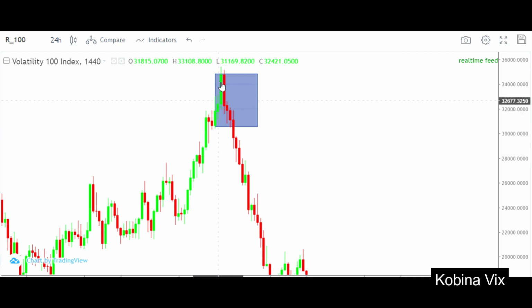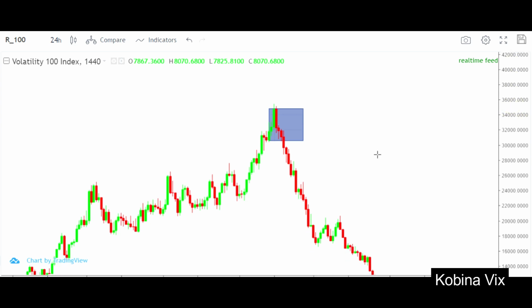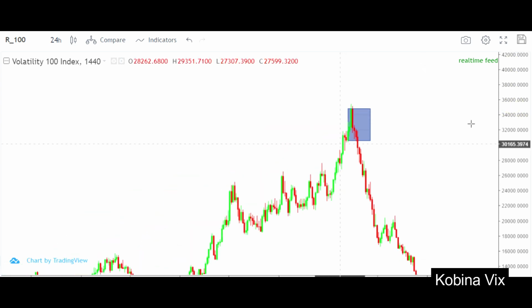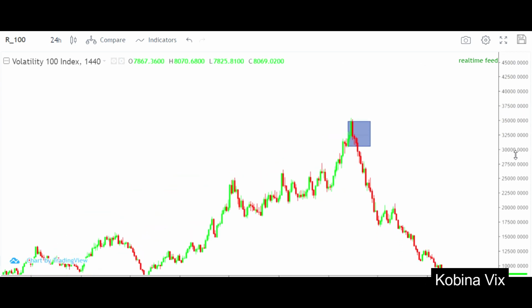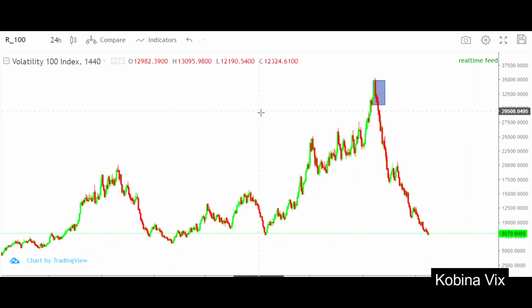For instance, look at this high. We have this particular high here. More often we have order blocks formed when they have met certain requirements, and let me underline a few of them for you.